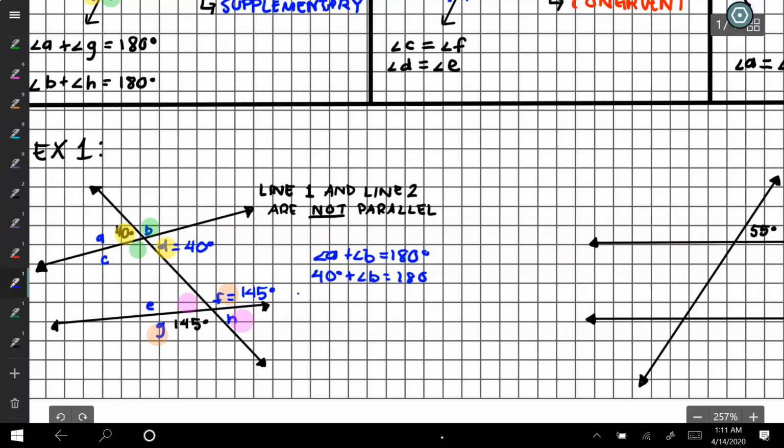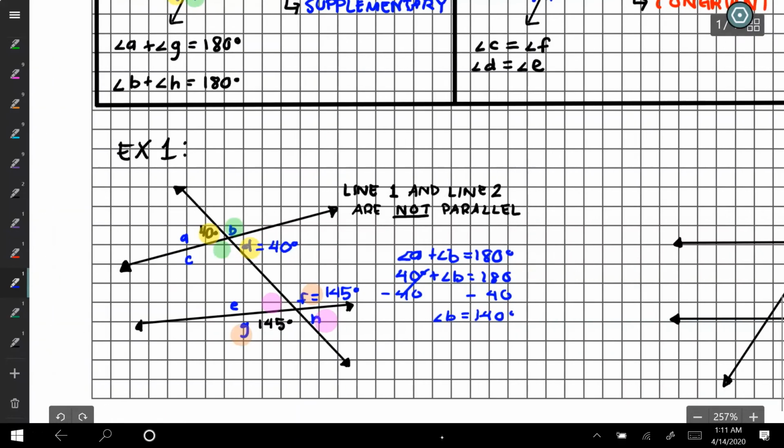So now I just have to subtract, which means angle B equals 140. Alright, and angle B and angle C are also vertical, which means angle C is 140 degrees. Alright, one more math calculation and we will be done.